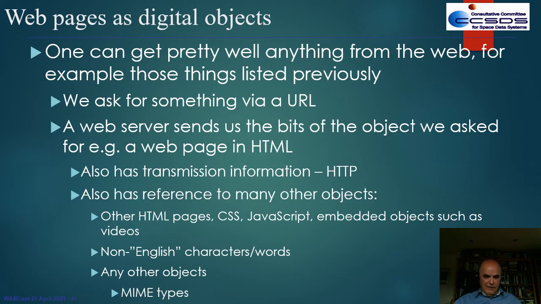Now, finally, coming to web pages and websites from the point of view of OAIS. Web servers send our browser streams of bits, actually lots of packets or packages of bits. The hardware and software of the internet arranges to get these packets to our computer.